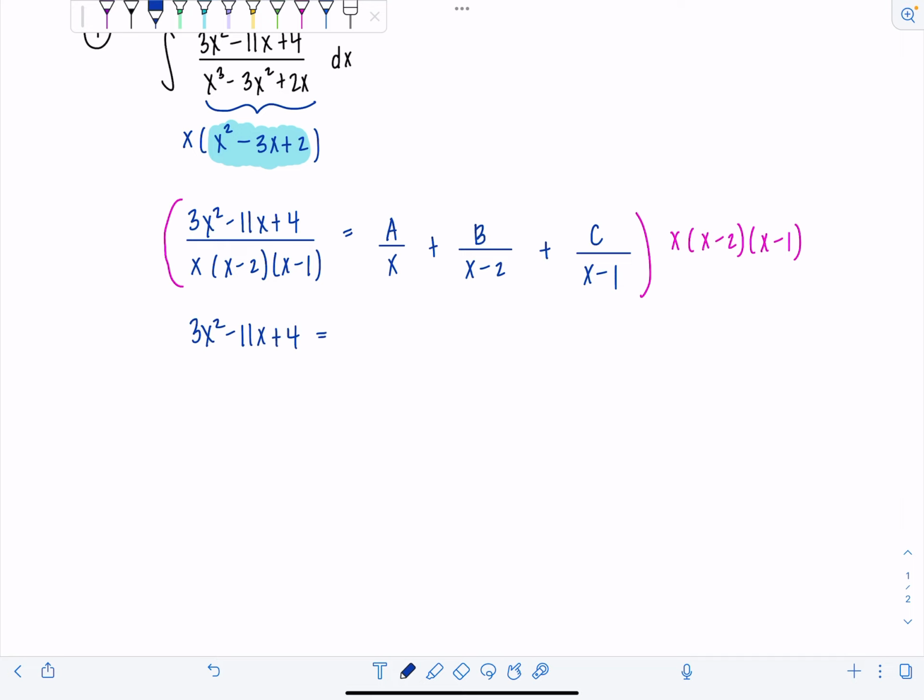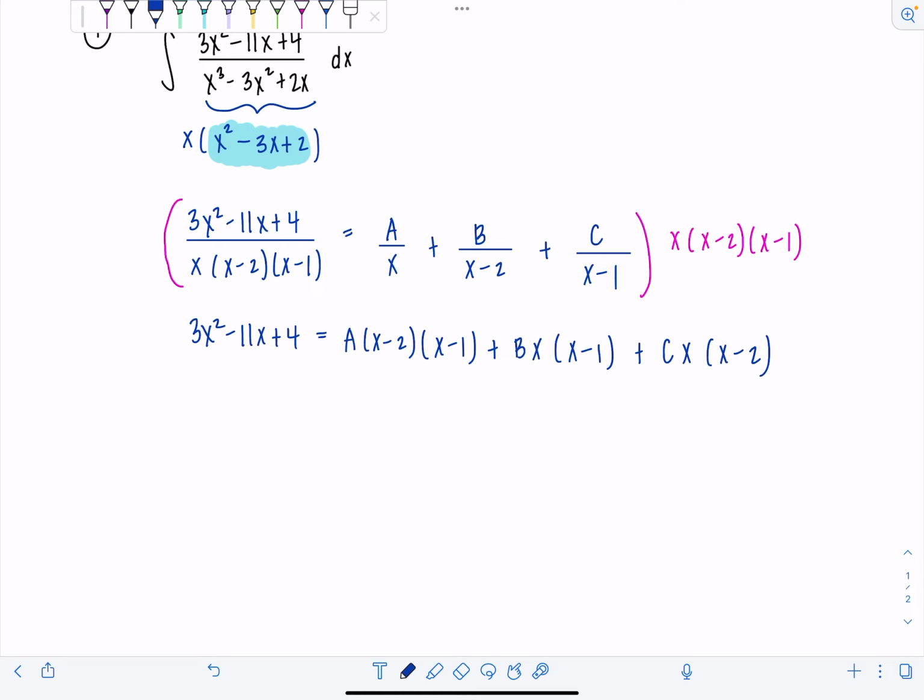And then on the right-hand side, we'll have A times x minus 2 times x minus 1 plus B times x. Notice the x minus 2 will cancel, so I just have x minus 1 left, plus C times x minus 2.